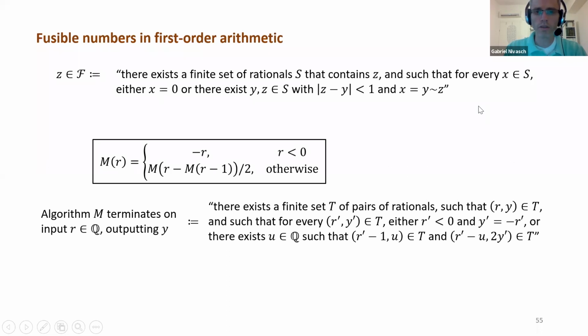Okay, and you can also talk in first order arithmetic about this recursive algorithm M. You can write a formula that says that M terminates on the rational number R, outputting Y. Okay, you can do something similar.